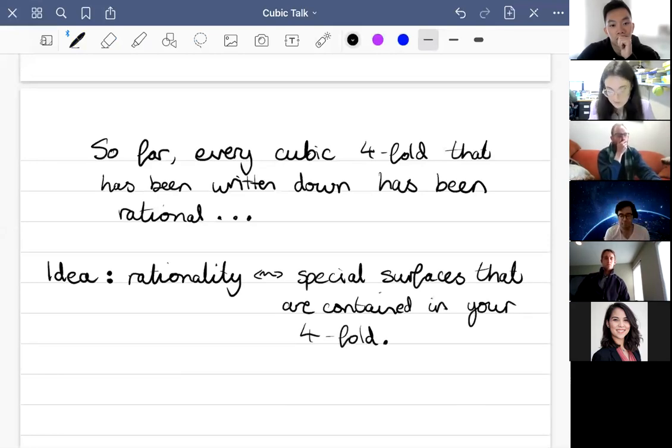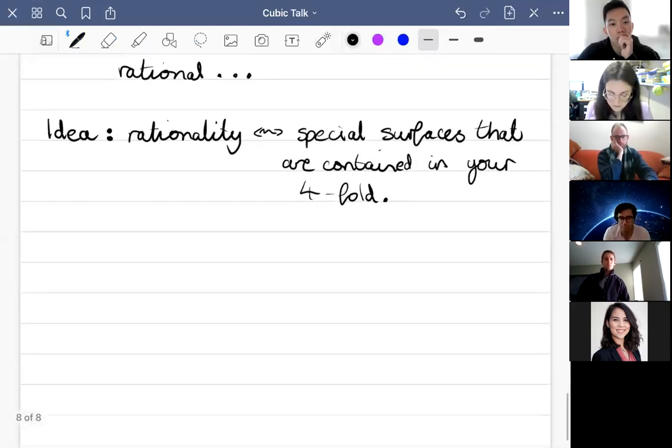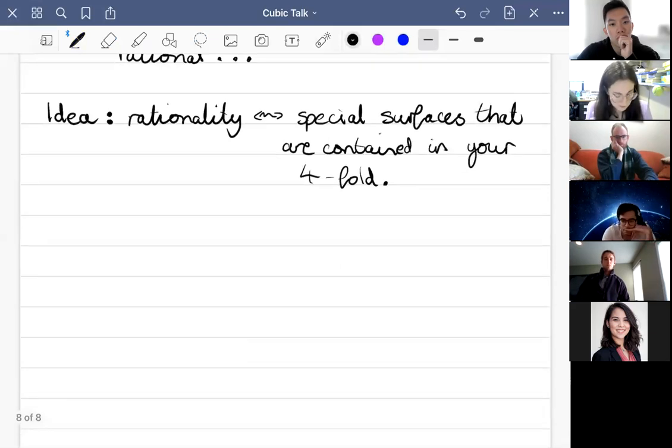For instance, if we have two disjoint planes inside of our cubic fourfold, we get that it's rational by the previous construction. And there are a couple of other cases.